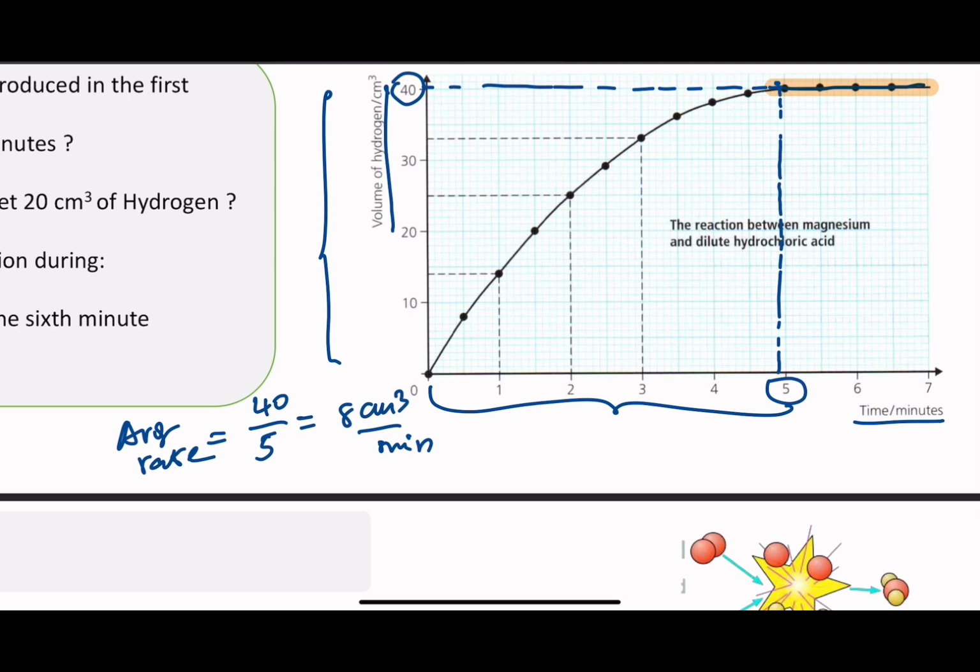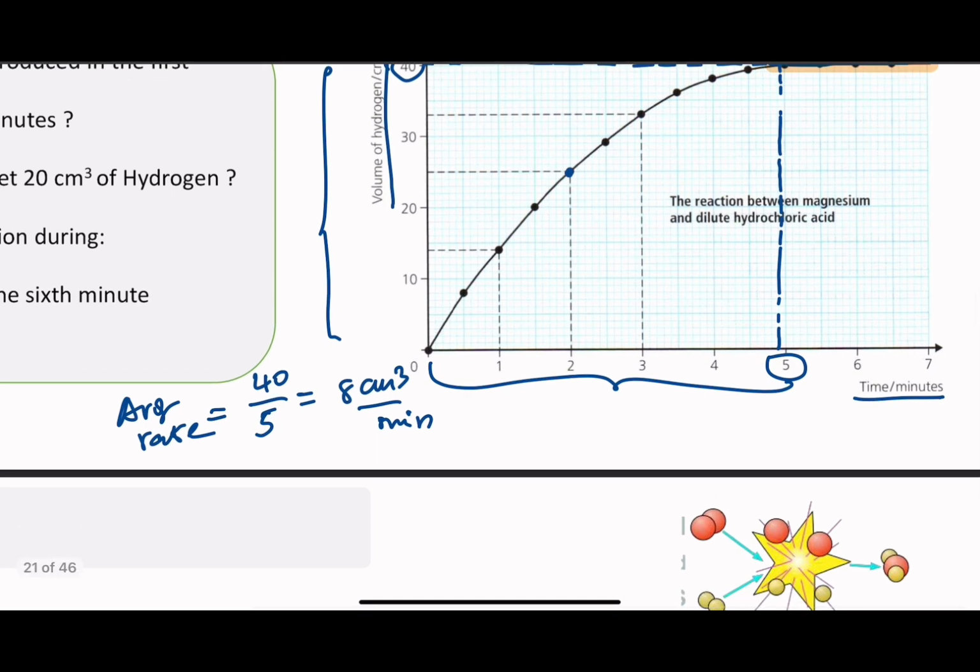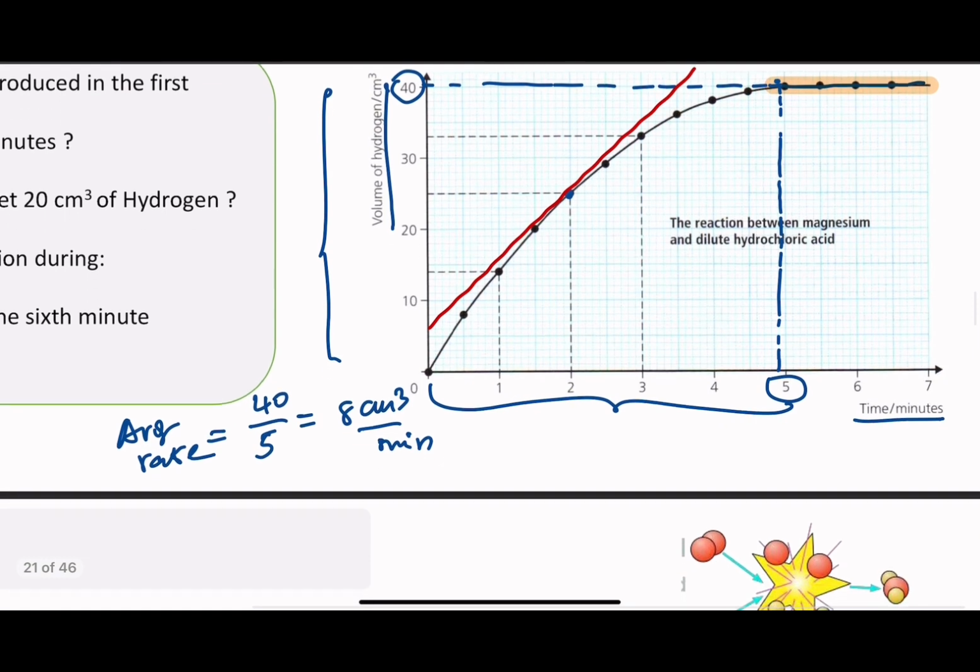If I ask you for the rate at minute 2 specifically, this is the instantaneous rate. You're going to draw a line here, and then find the slope of it.